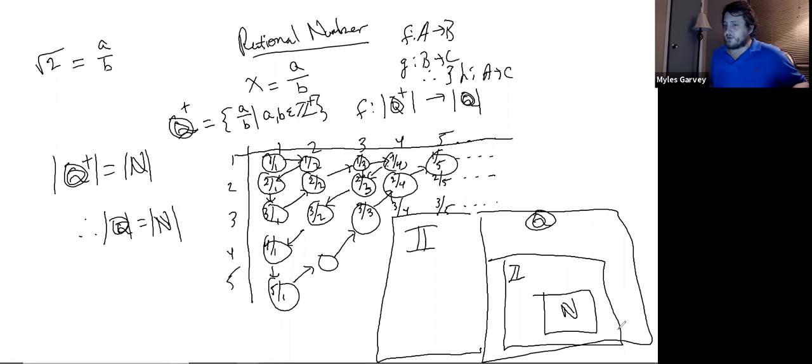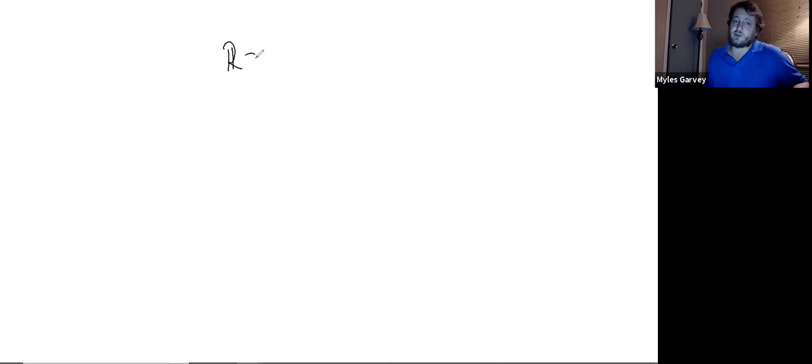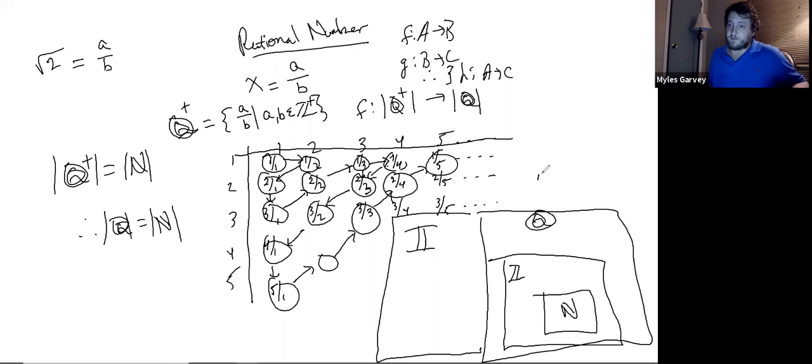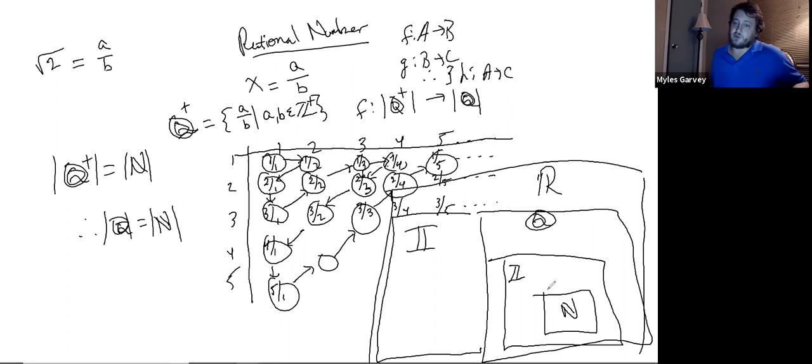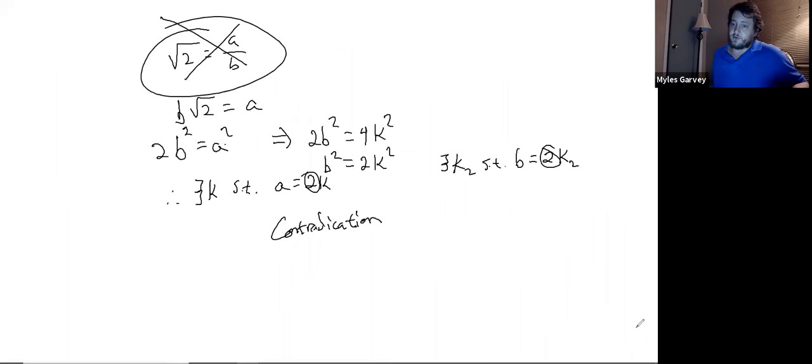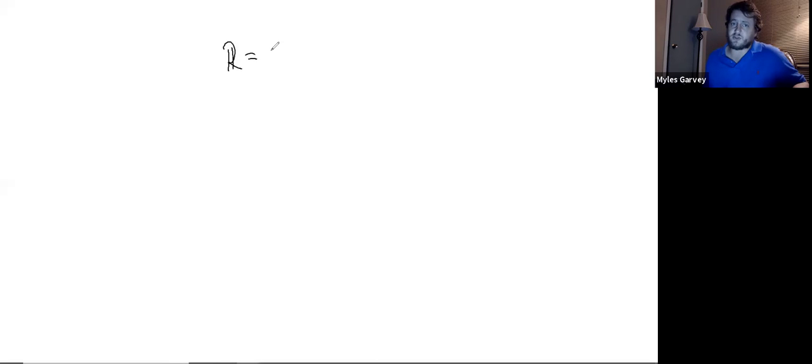To answer that question is a little bit complicated, but to answer a different question is actually easier. If we define the real numbers, which is the collection of all the irrationals and rationals, the real numbers is just the union of the irrationals and the rationals, right?